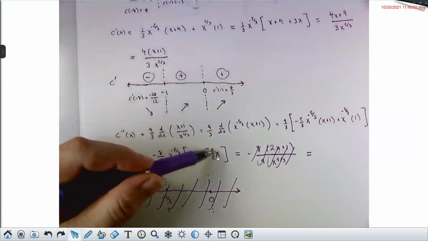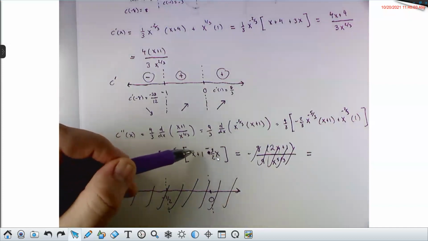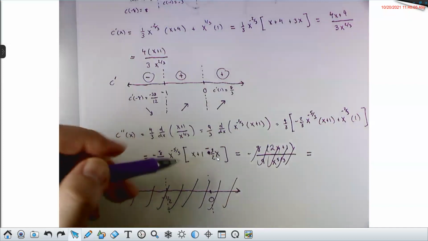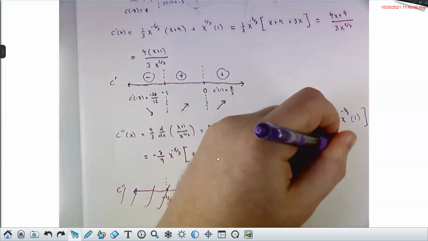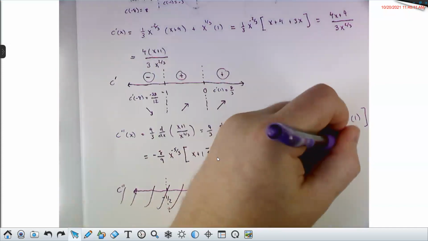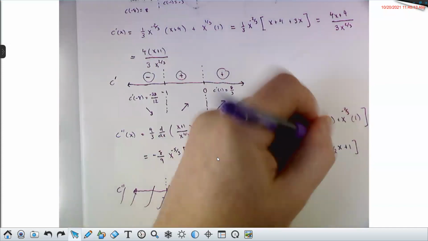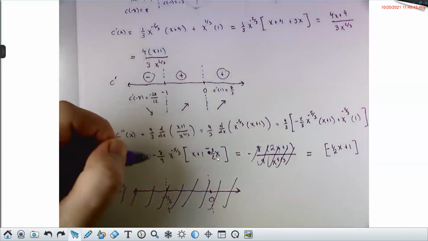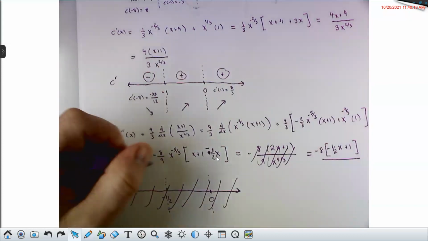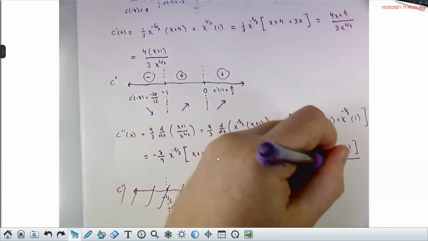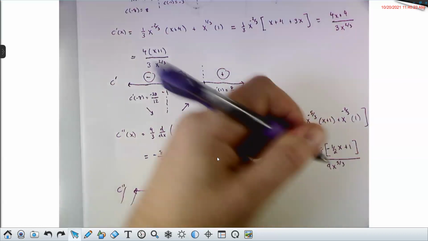X minus 3/2 x is negative 1/2 x. So this is negative 1/2 x plus 1 upstairs, and then negative 8 here, and then downstairs 9x to the 5/3. That's actually nice.